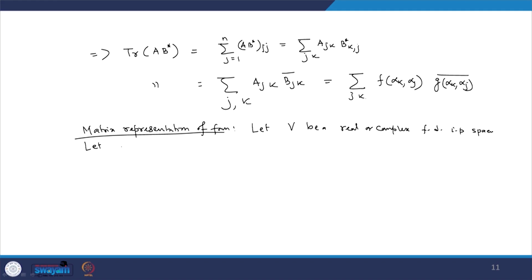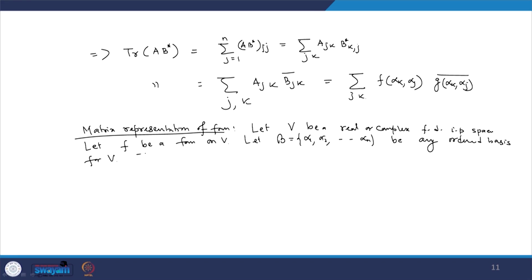Let f be a form on V. Let B equal to alpha 1, alpha 2, ..., alpha n be any ordered basis for capital V. So, I have not taken this basis as an orthonormal basis here, I have taken simply an ordered basis.